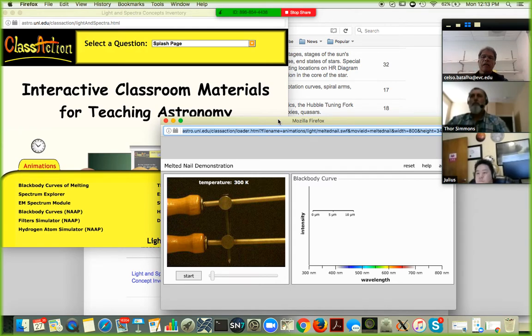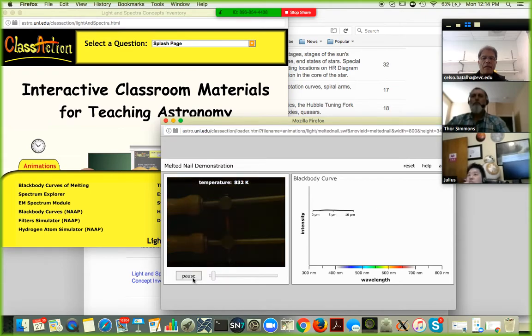So a black body is different, and this animation, or this simulation, is a good one because it shows a nail, and you have a circuit here. Once we start, energy or current is going to go through the circuit, and as it goes through the nail, it will warm up. And then look on the right-hand side, the intensity or the black body radiation of it.